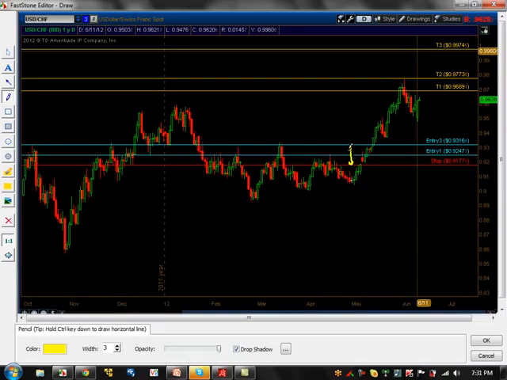Agreed? My reward is where? My first reward is going to be from here to T1. Agreed? So, is this a good reward risk ratio? Absolutely. So, even if it's choosing a higher entry, is it still good?